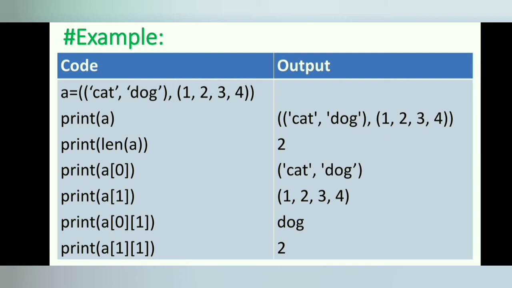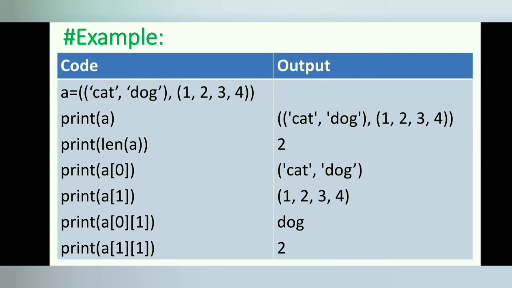By supplying 2 indices with a[0][1], we are telling the computer to go get the element at position 0, which is the first item in the tuple. The first item is itself a tuple of 2 items, cat and dog, and from that it gets the element at position 1, which is dog. So the output will be dog.